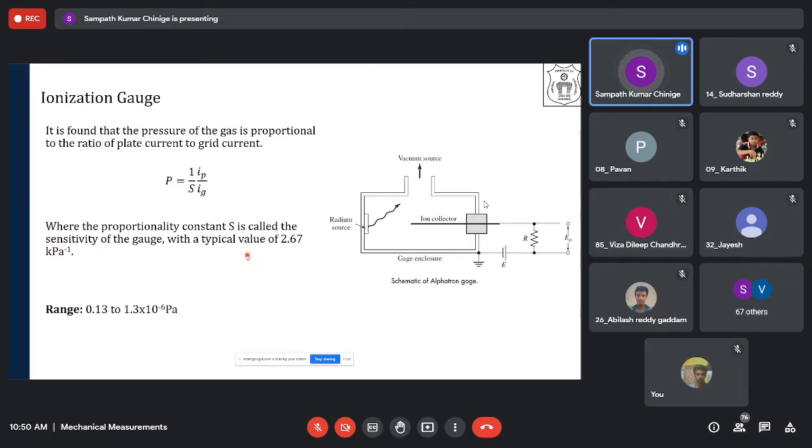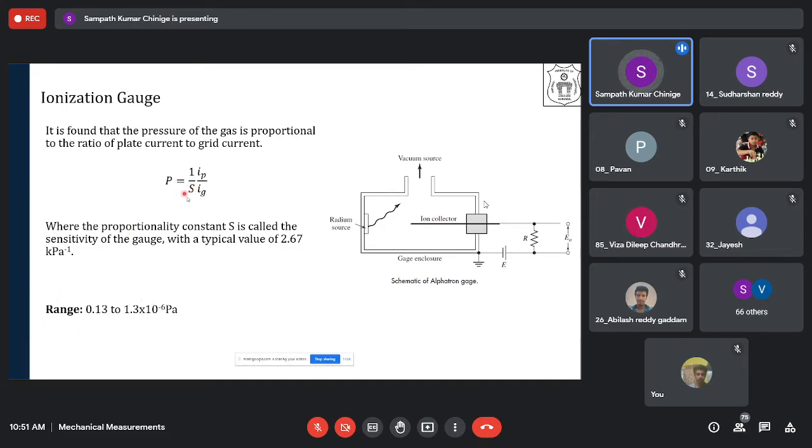Its value depends on various factors. Its value is calculated to be 2.67 per kilopascal. The range over which we can measure low pressure is 0.1 pascal to 1.3 into 10 power minus 6 pascals. So this is what I can measure with this particular gauge.